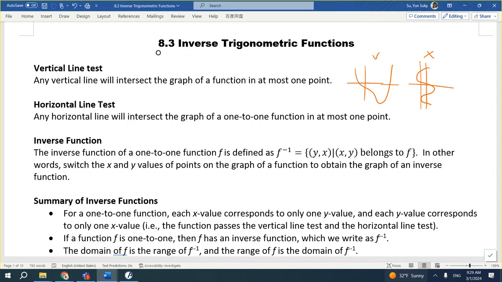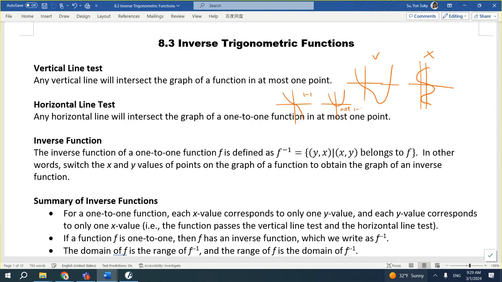Now, the horizontal line test: a horizontal line will intersect the graph of a one-to-one function at most 1 point. Is this a one-to-one function? Yes. But is this one a one-to-one function?